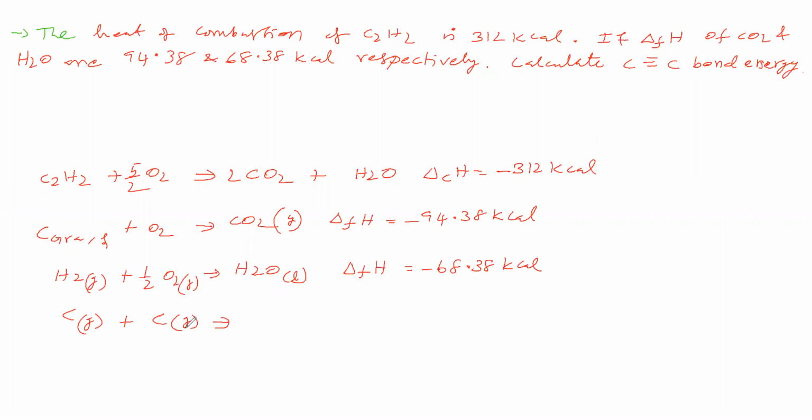Between them a triple bond should be formed in gaseous state. The amount of energy liberated while this happens is called the bond energy of the C≡C triple bond, which we have to find. Otherwise, bond dissociation energy means you take the reverse.